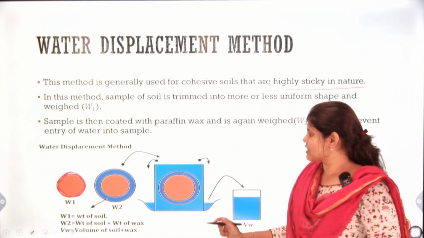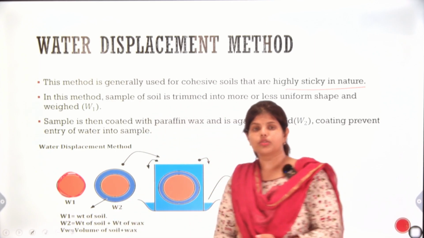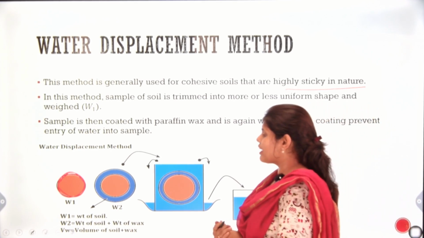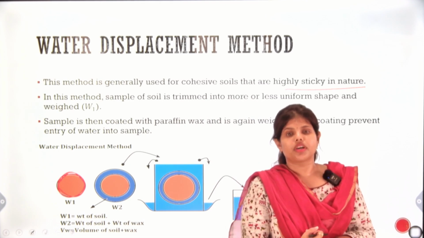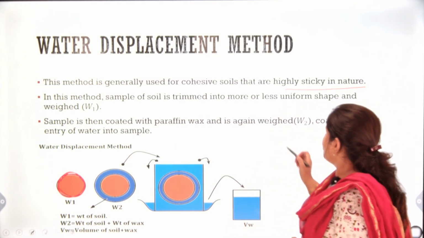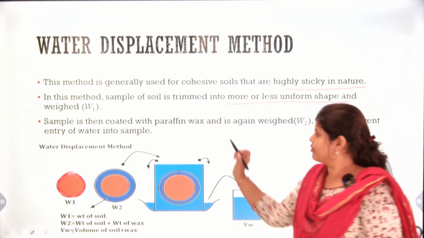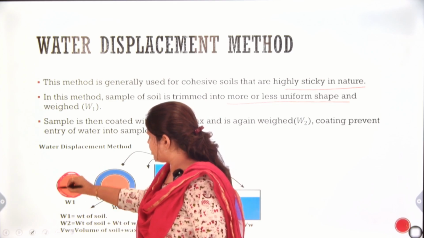As it is sticky, it can take any kind of shape, right? So first we take the soil sample and take its weight as W1. In this method, the sample of soil is shaped into a more or less uniform shape, okay, and we will take that as W1. So next what will happen?